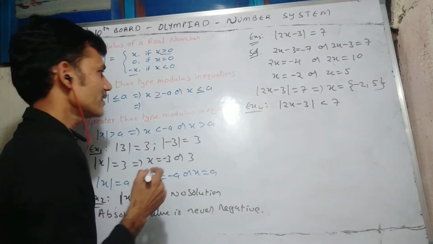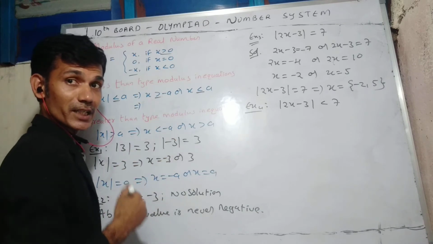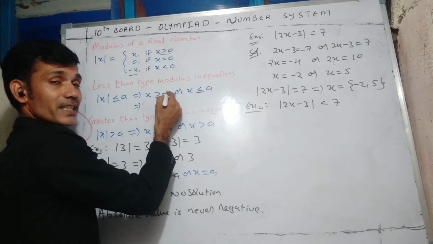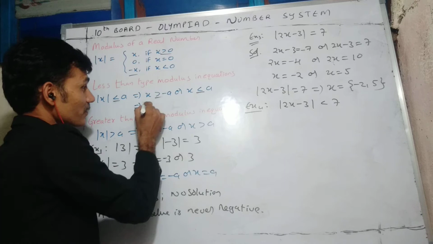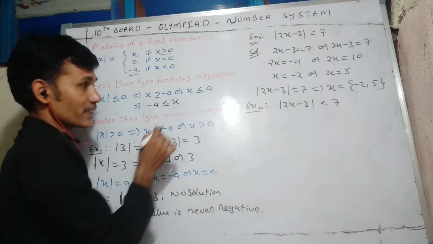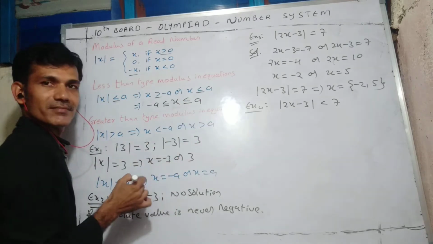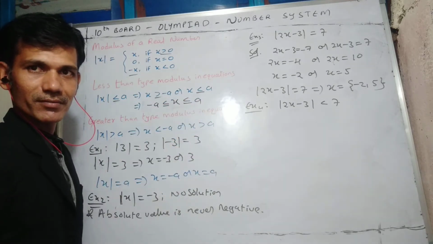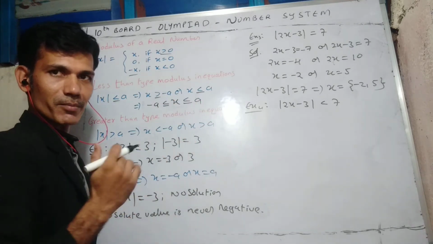And more, this we can write in double inequality form: minus a is less than or equal to x, and x less than or equal to a. This also you can use as a formula.